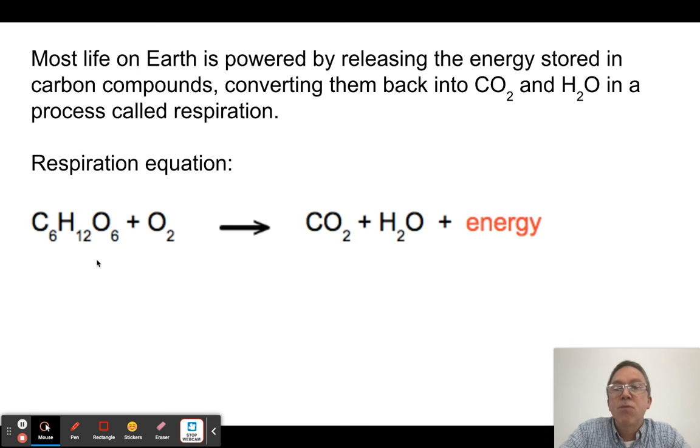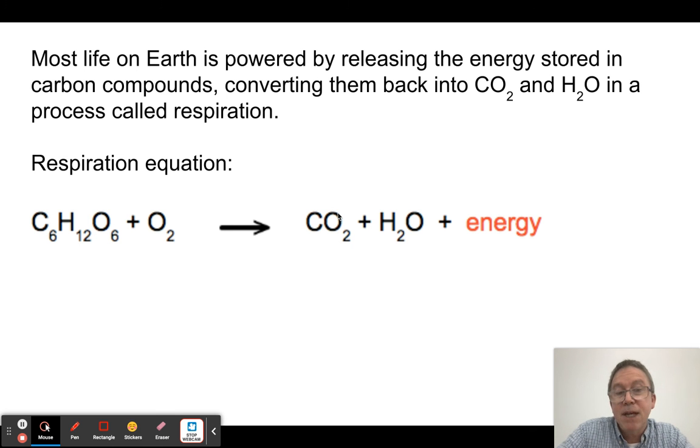So in aerobic respiration, what happens is essentially the exact opposite of photosynthesis, which was carbon dioxide plus water plus energy equaled glucose and oxygen. It's just the opposite. Glucose, food, plus oxygen breathed in, releases energy and converts the compound into carbon dioxide and water. So if you can memorize photosynthesis, you just flip the arrow around and now you've got respiration.